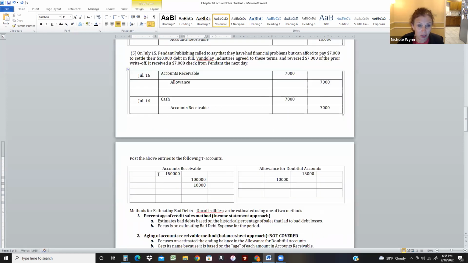Then in entry 5, I'm going to put the 7,000 back in accounts receivable and put the 7,000 back in allowance. And then I'm going to receive the 7,000. The other side of that is cash, and I'm not worried about cash because what I'm trying to find is what's called net accounts receivable. It's also called the net realizable value.